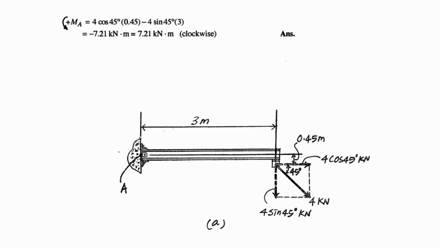So 4 cosine 45 times 0.45 minus 4 sine 45, which is the y projection of the 4 kilonewton force, times 3 meters, which is a perpendicular distance, and it will give us minus 7.21 kilonewton meter, which indicates that our moment is clockwise.